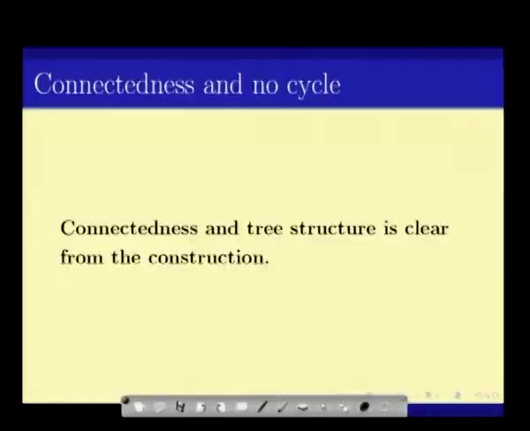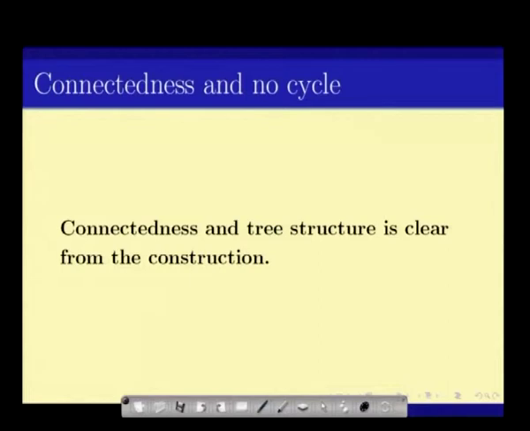I will always ensure that I have a connected graph, and at the end of the day I would have touched all the possible vertices. So, the algorithm will always output a connected graph. What about the tree structure, or in other words, can there be a cycle? It cannot be, because every time I am picking an edge from a vertex which I have seen before to one which I have not seen before.